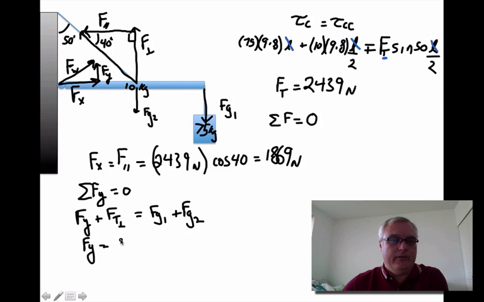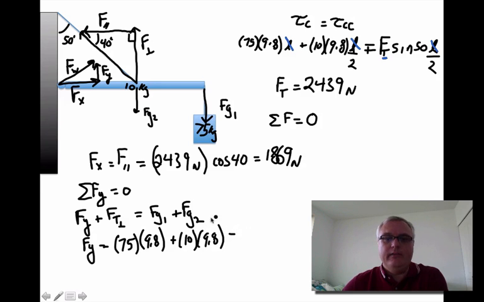So the two weights, obviously, we have the 75 kilograms times 9.8 plus the 10 kilograms times 9.8, and then we're going to subtract the y component, so 2,439 times sine of 40. And we get a y component that is 735 newtons.